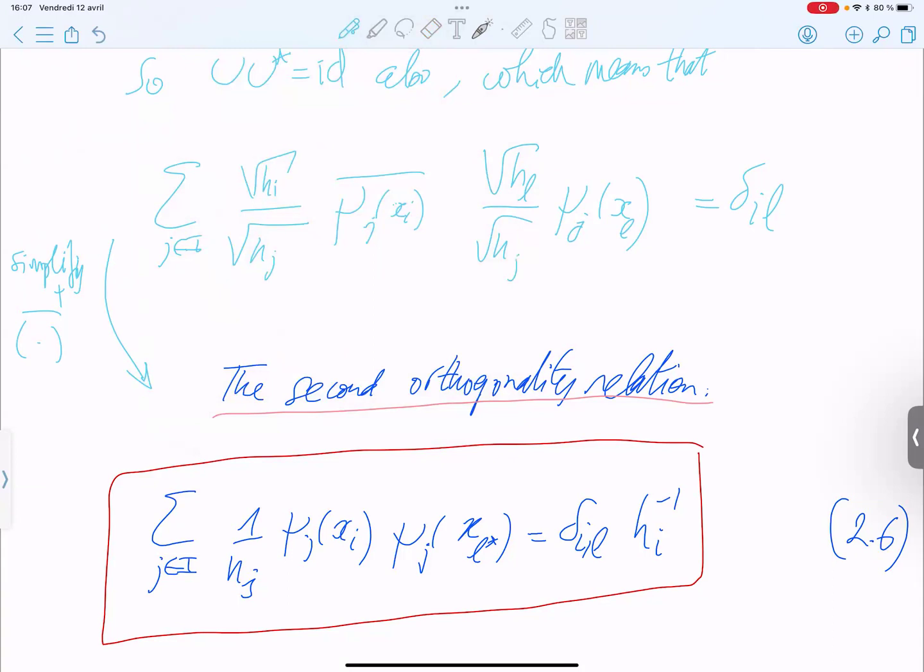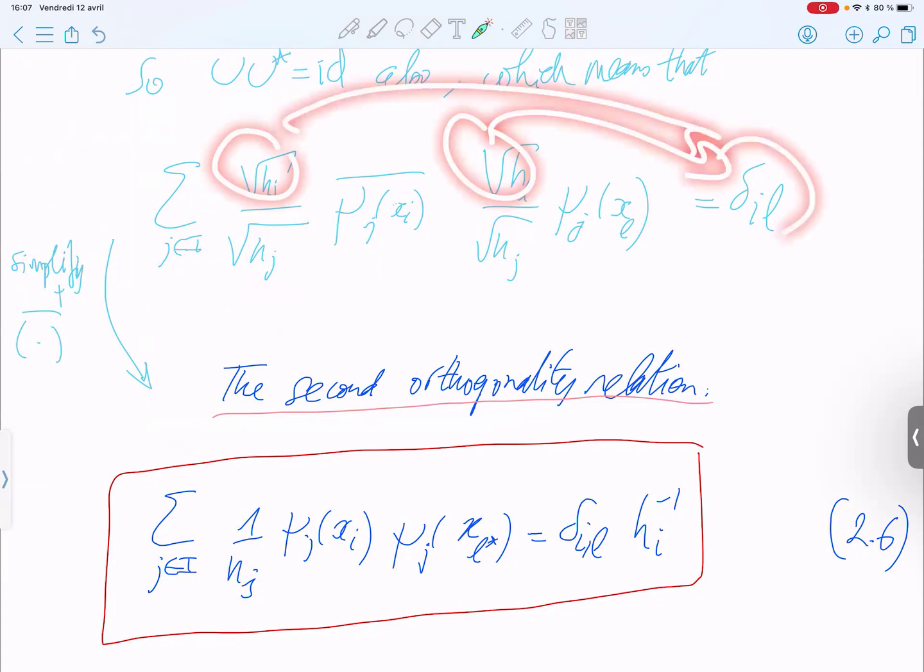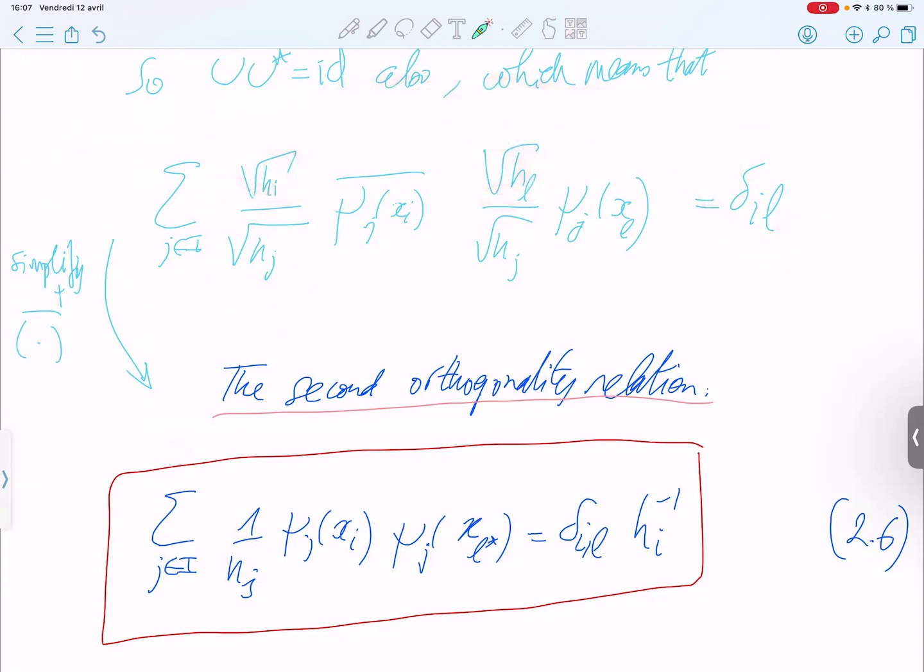So you group together these two square roots, you get that. Then you can put that the other way. If i is different from l, then it's 0, so it's okay.